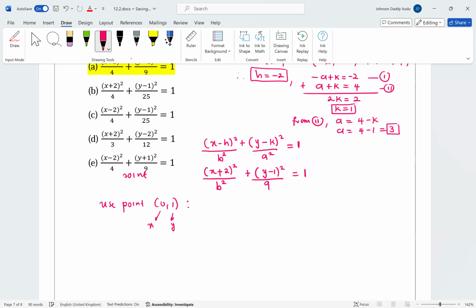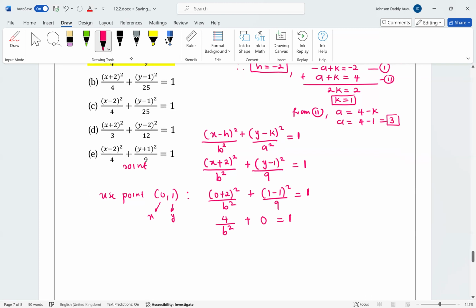So this is just going to be 0 plus 2 squared over b squared plus 1 minus 1 squared over 9 is equals to 1. This is 4 over b squared plus just going to be 0, it's equals to 1.